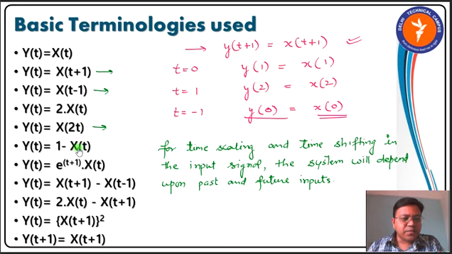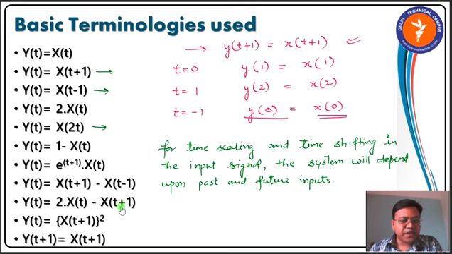Like, there is no time scaling or no time shifting here, so it will depend only on present inputs. Likewise, there is no time scaling, no time shifting, so it will depend only on the present inputs. But in this one we have time shifting in this input and in this input, so it will be depending upon present and past and future values.